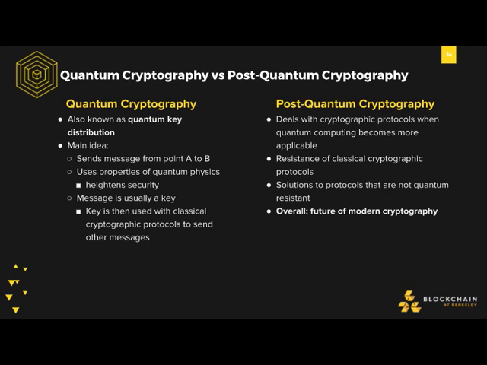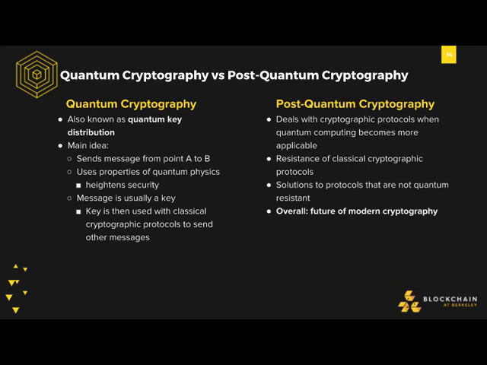Once the message is sent across normally, it can be used as a key for other classical cryptographic protocols, like symmetric or asymmetric ones. Post-quantum cryptography deals with something completely else. It deals with cryptographic protocols once quantum computing is more applicable.